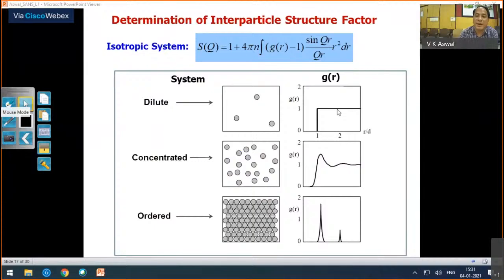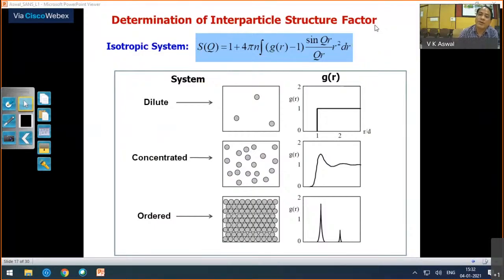So this was about intraparticle structure factor for an individual particle, and also when you have particles aggregated. But what happens when your system is not dilute? This contribution of interparticle structure factor you can neglect when you have a dilute system.